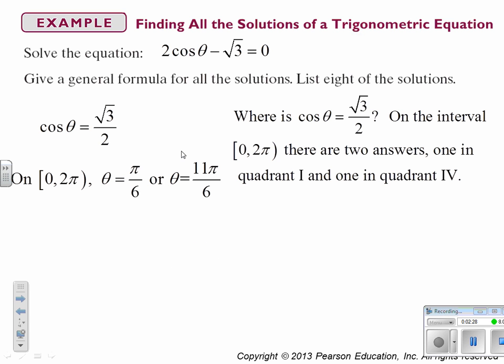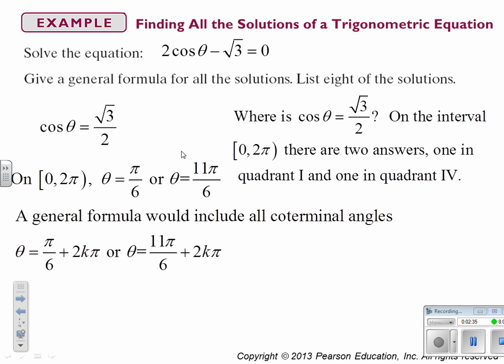So it exists at pi over 6 and at 11 pi over 6. And then because cosine has a period of 2 pi, we're going to say k is an integer. So theta is equal to pi over 6 plus 2k pi, or 11 pi over 6 plus 2k pi.